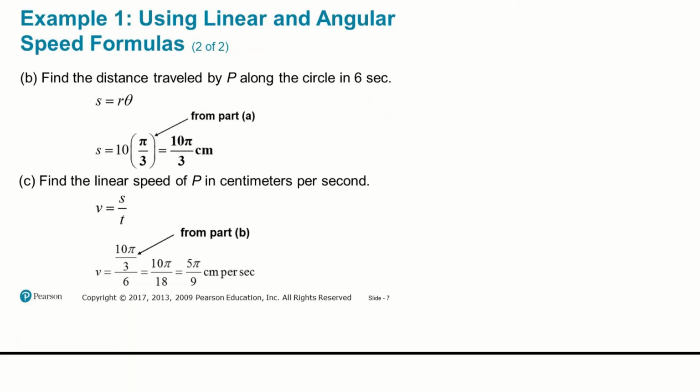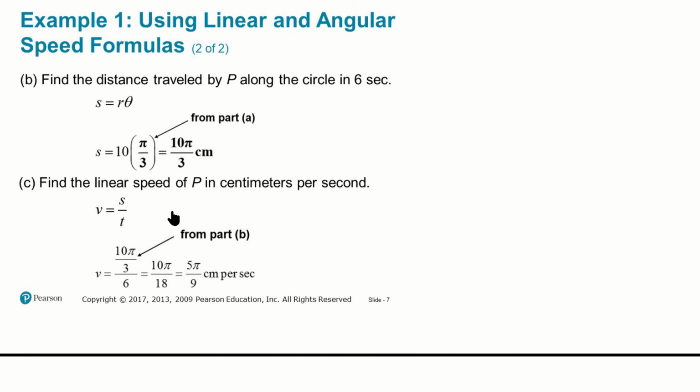So that's where we get the 10 here. Replace the r with 10, and theta, of course, is pi over 3 because we know that's how much of a central angle was swept by that movement. So then you just multiply those out. That's where the pi over 3 comes from.